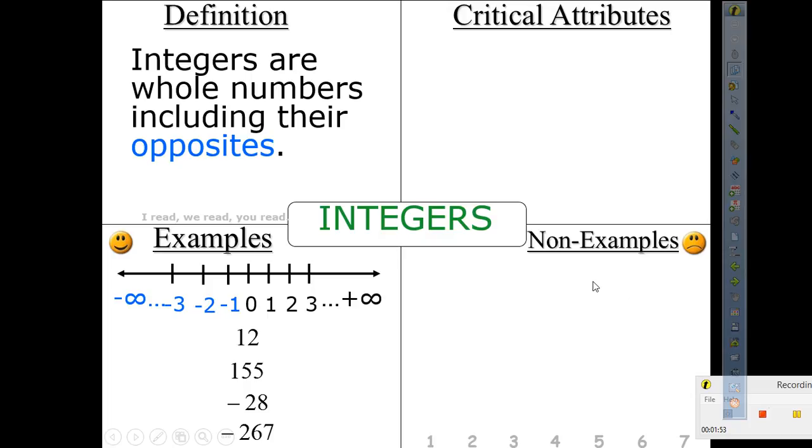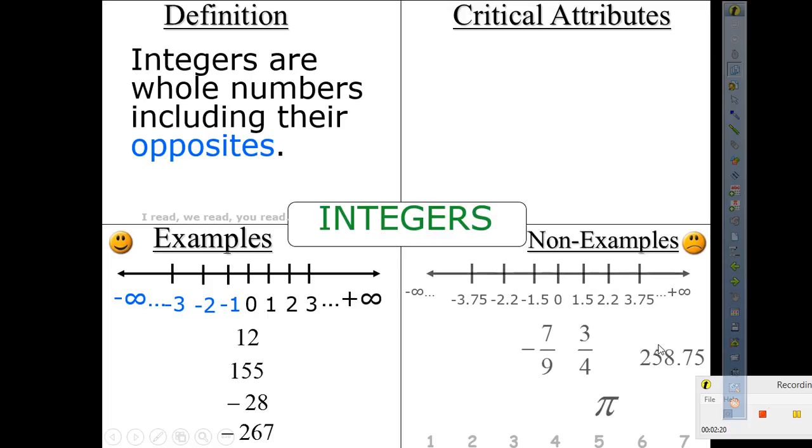And there was one that we use and one that we eat every now and then. Therefore, copy that, please. So we said non-examples are decimals and fractions.